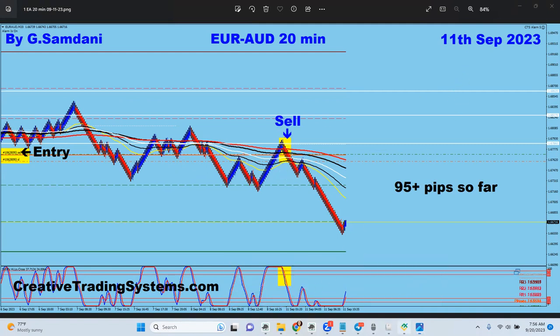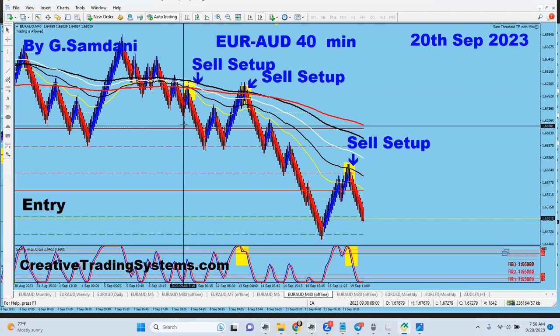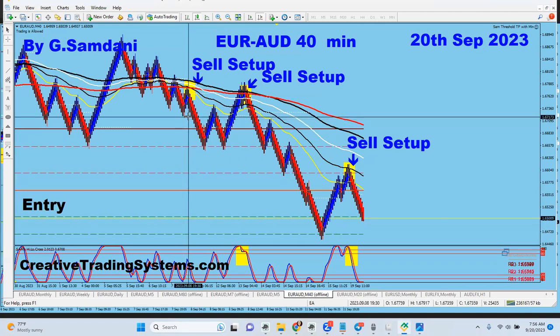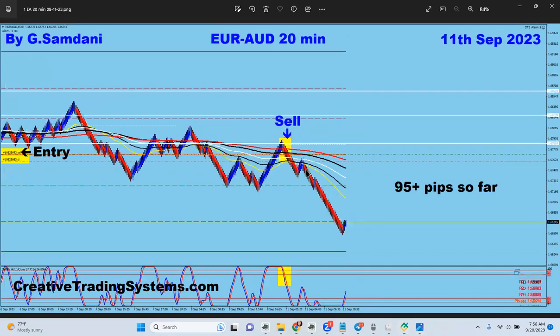If you look at this one here, this is exactly after the reversal candle is already in place. Yes, right there, September 11th. This is where my entry was. I took this entry and boom, down 95 pip. If I'm taking the entry, this is a reversal candle and one red candle.